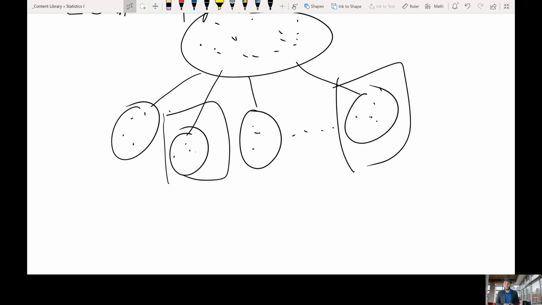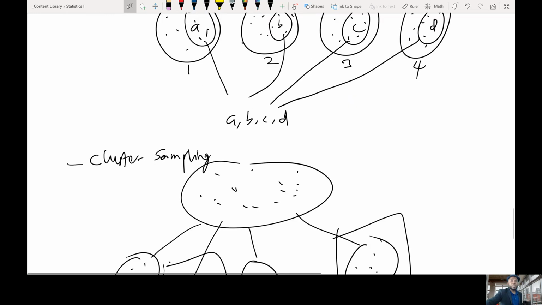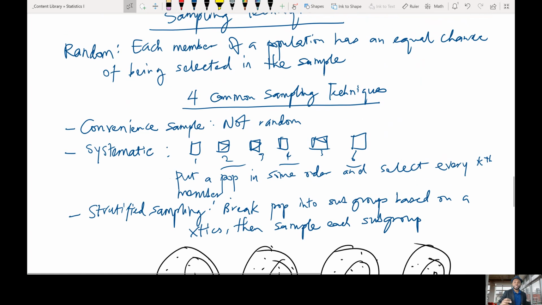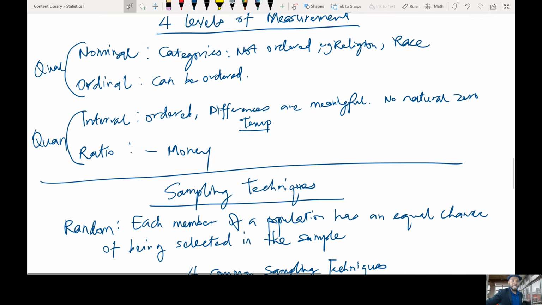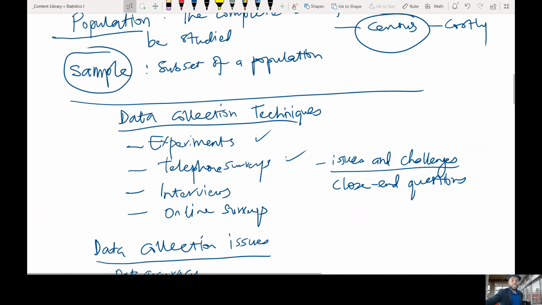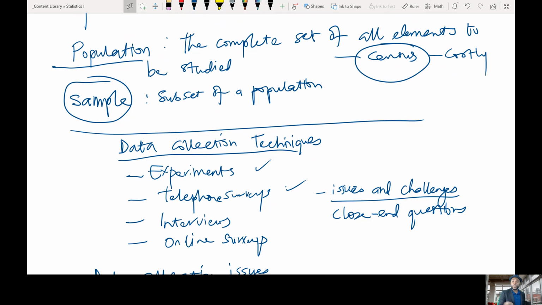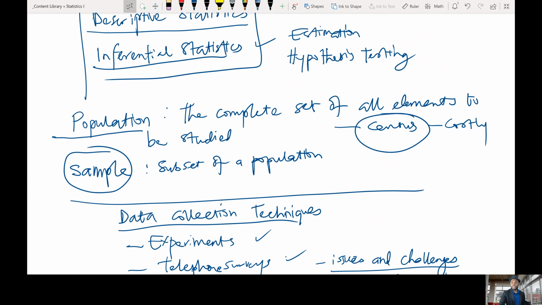You know what a sample is. Remember, population parameter, sample statistic. You know different forms of data collection. We've also covered the different types of data and the 4 levels of measurement.